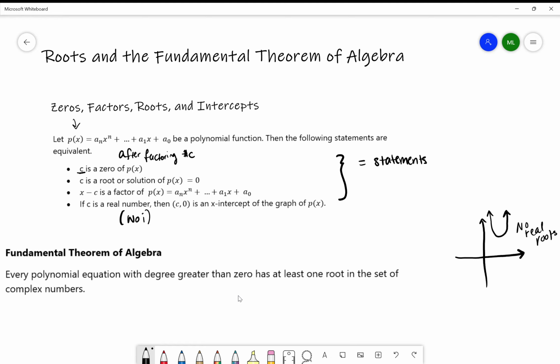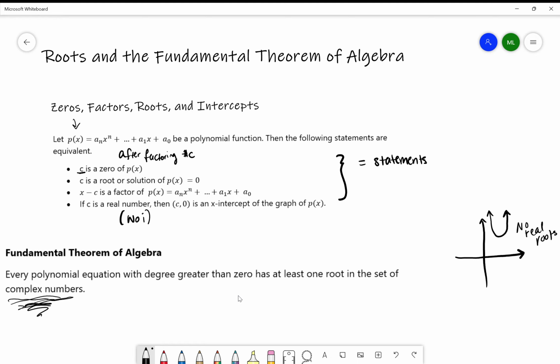So if it has no real roots, then it has maybe imaginary roots. But that's why I can say that at least one of the roots is always going to be in the set of complex numbers.